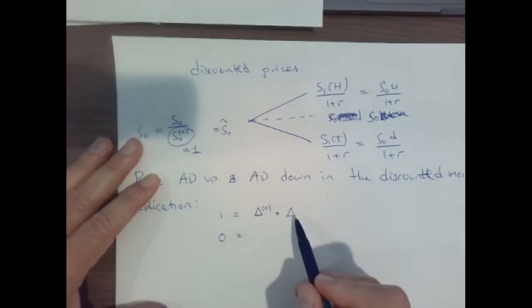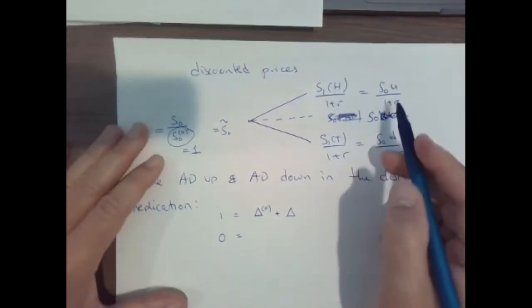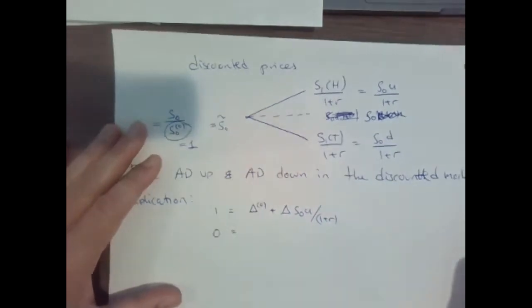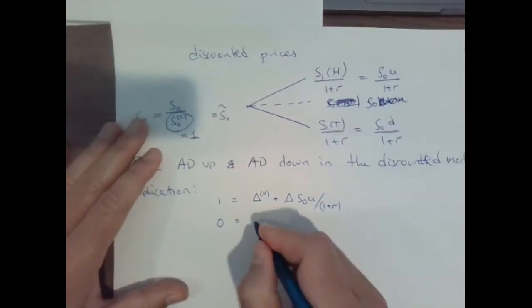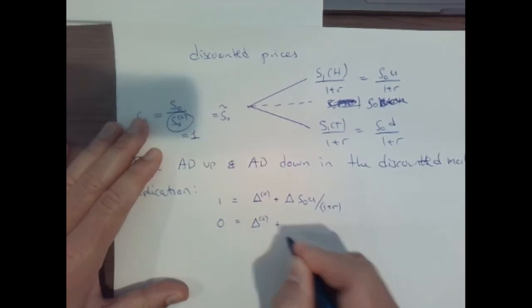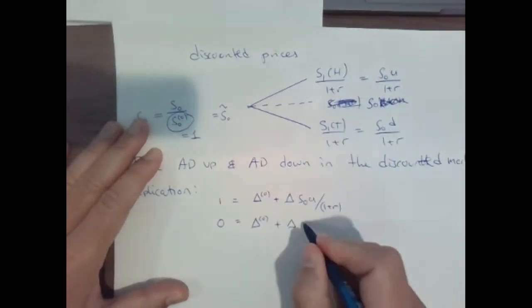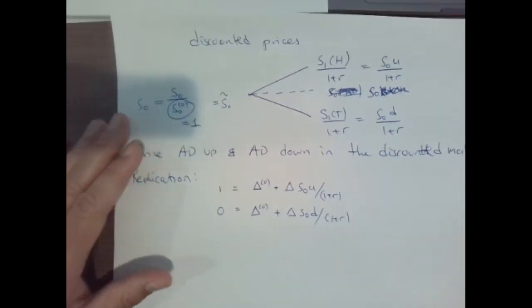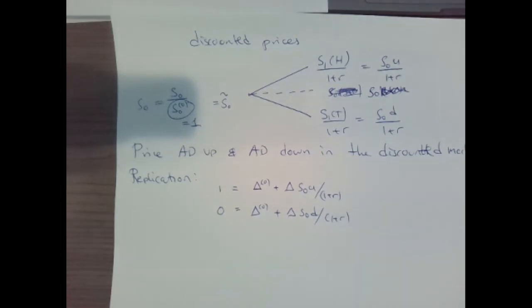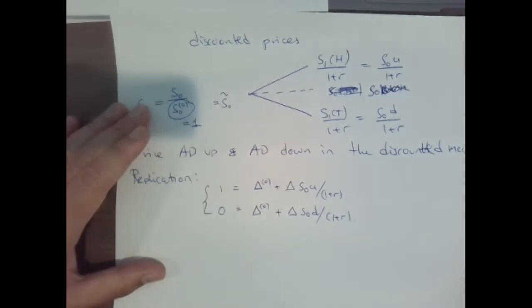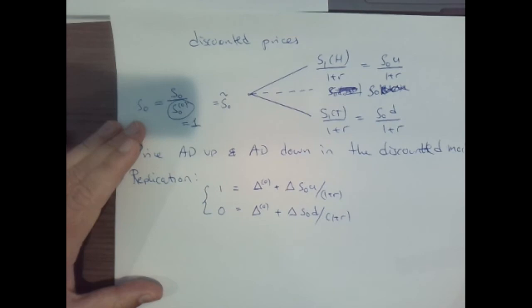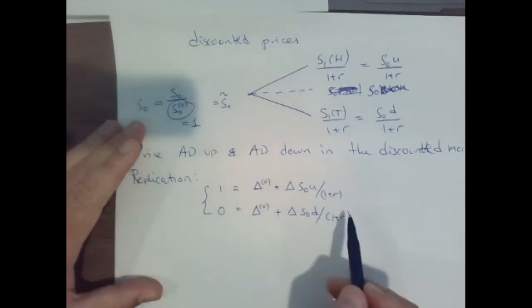The other one is going to be multiplying onto S0 U divided by 1 plus R. And then we solve similarly for the S0 D divided by 1 plus R. So we have two equations, just as we've had before, right?